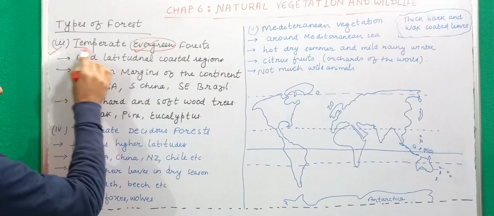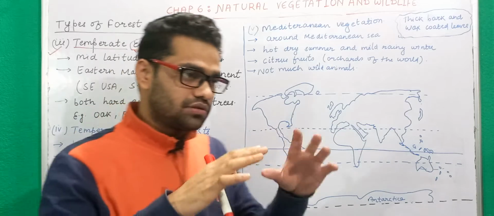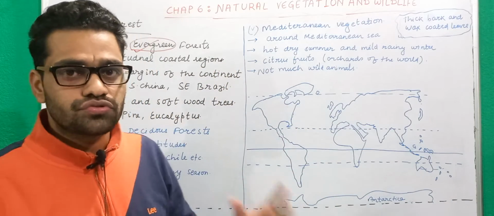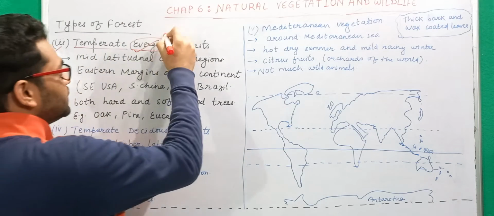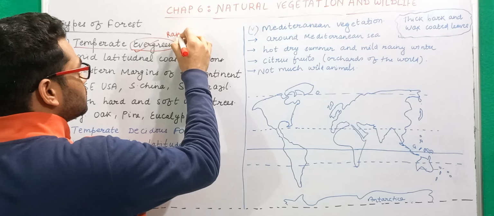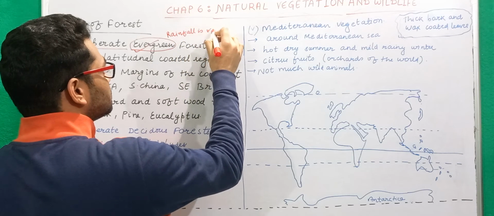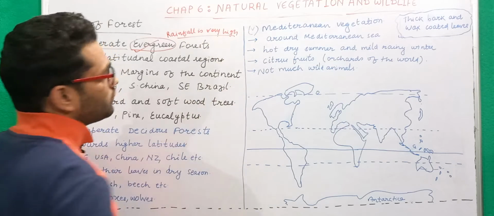This is temperate evergreen, meaning it is found in areas which have a moderate temperature, not so high, but the rainfall is very high. Although the temperature is not that high, the rainfall is very high.